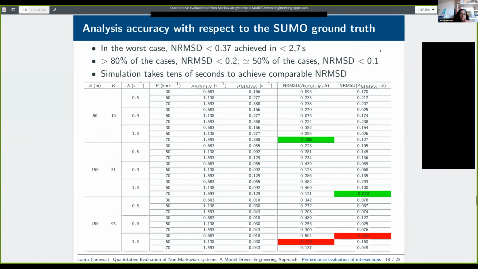In the end, the results of this validation were good, because the approach achieves an error that is acceptable for the context of use, and it is also able to achieve this in a time that is more or less one order of magnitude lower than the time needed by simulation to achieve comparable error.